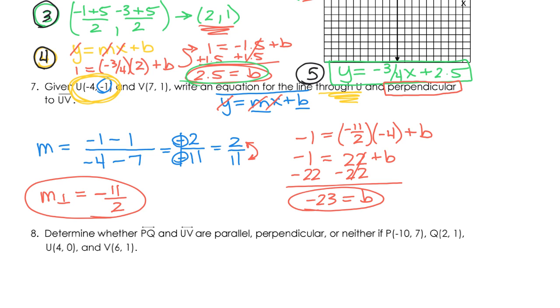And now I have the two parts that I need, and now we can write the equation. So it'll be Y equals -11 over 2 followed by X minus 23. And there's the equation of my line.